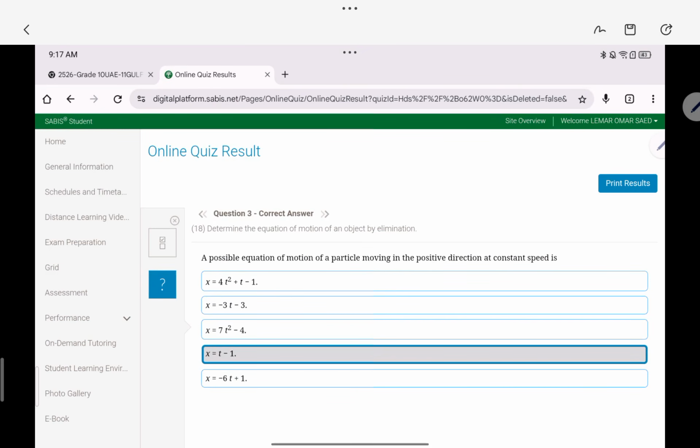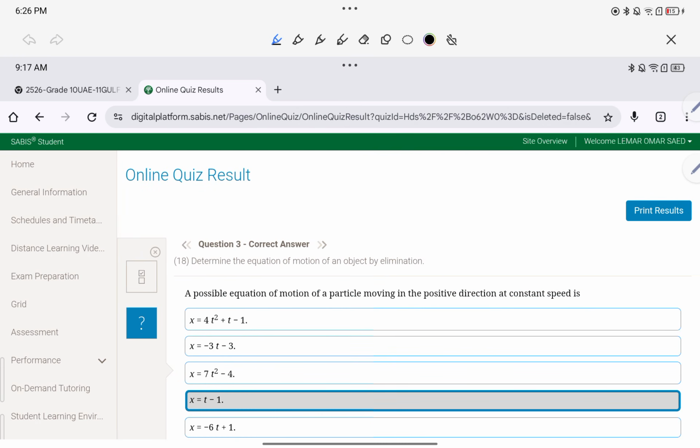Okay, they want the possible equation of motion of a particle moving in the positive direction. Positive direction means v is equal to positive. Okay, the equation of motion is x equals v t plus x0.